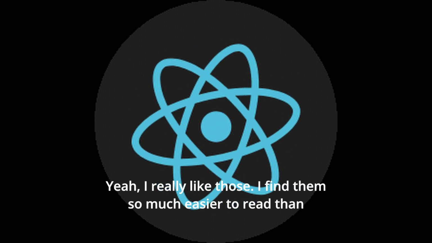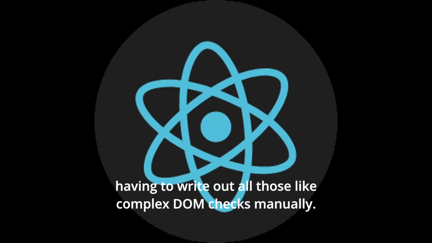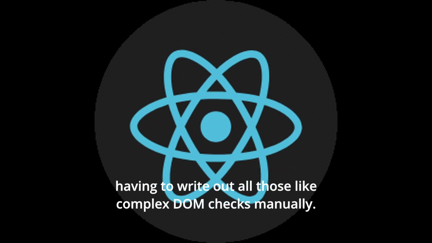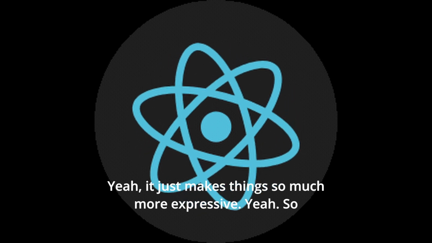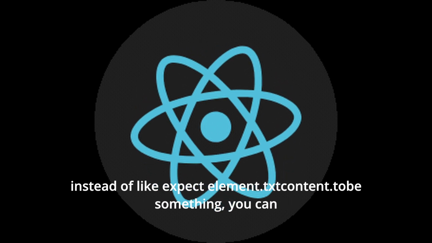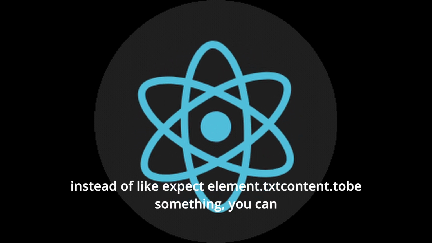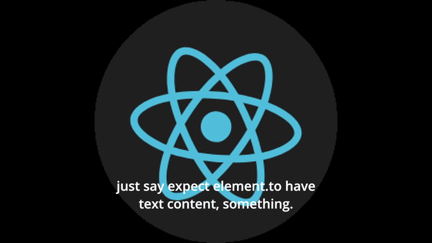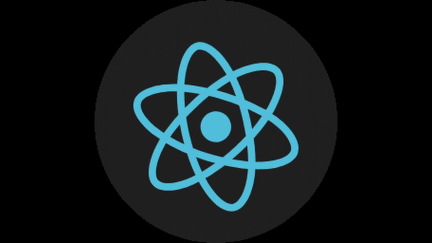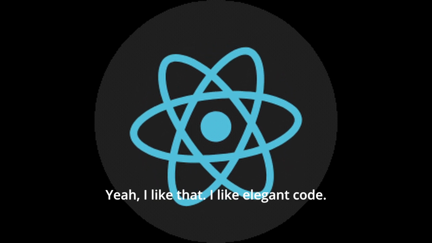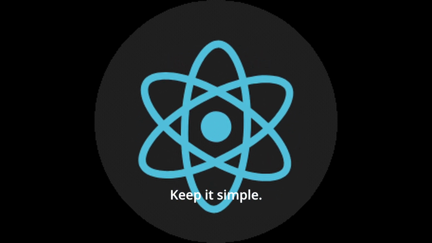I find them so much easier to read than having to write out all those complex DOM checks manually. It just makes things so much more expressive. Instead of expect element.textContent to be something, you can just say expect element toHaveTextContent something. Much more elegant, exactly. I like elegant code. Keep it simple.